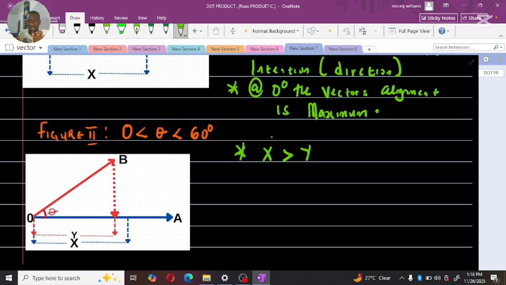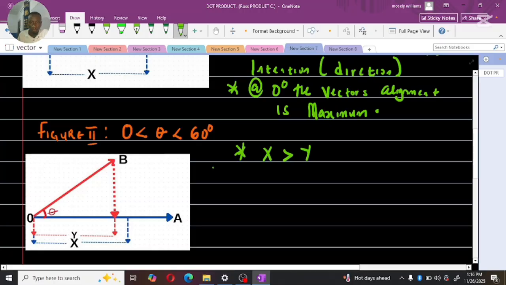Are you getting my point now? The more we tilt vector B to a certain angle, the lesser the measure of alignment between B and vector A. It's as simple as that. Very good.